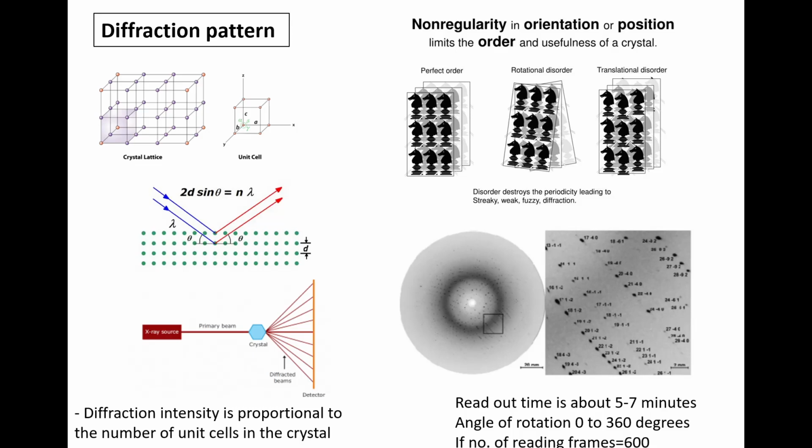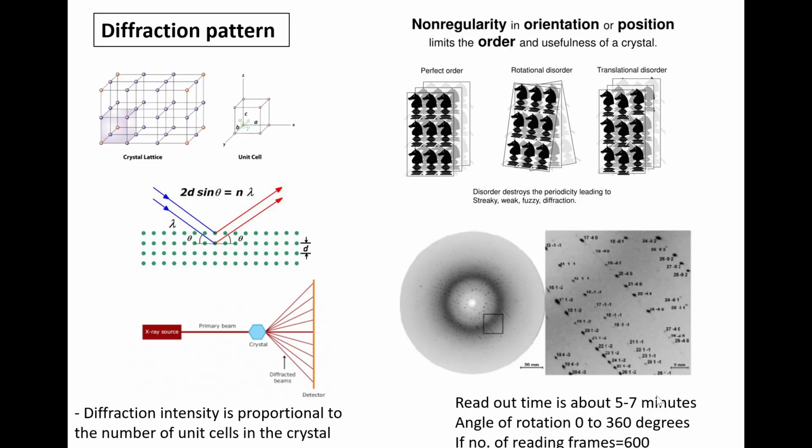When we were discussing synchrotron, I said that in a synchrotron you can get the X-ray diffraction pattern very fast. Why is that so? Because this delay time is absent there. You can get the diffraction pattern in very minimal time because the initial intensity of the X-ray is very high for a synchrotron source. But for an in-house source, it is lower.